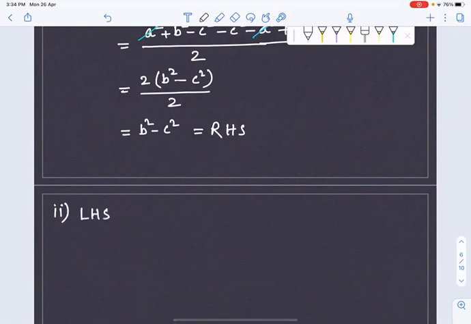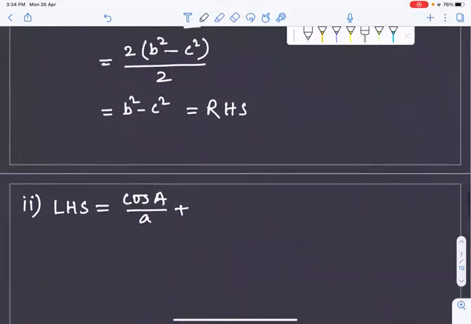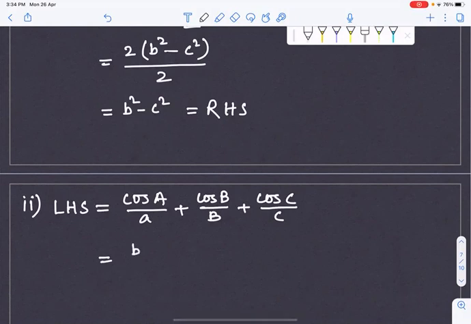LHS, the given question is cos A by A plus cos B by B plus cos C by C. So that's cos A is B square plus C square minus A square divided by 2BC.